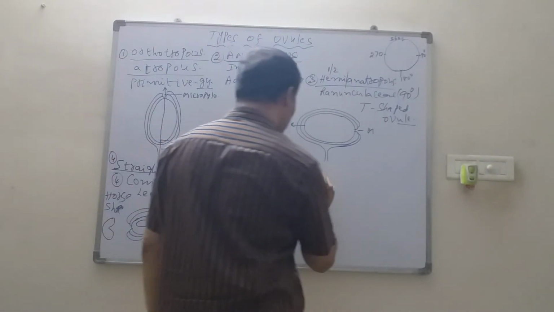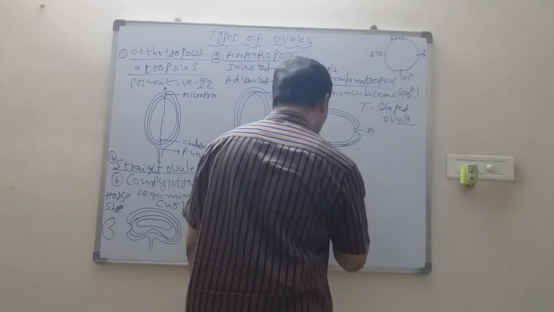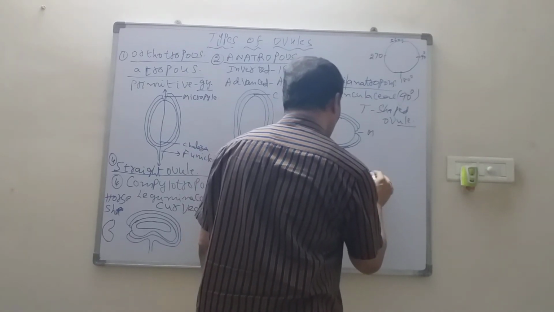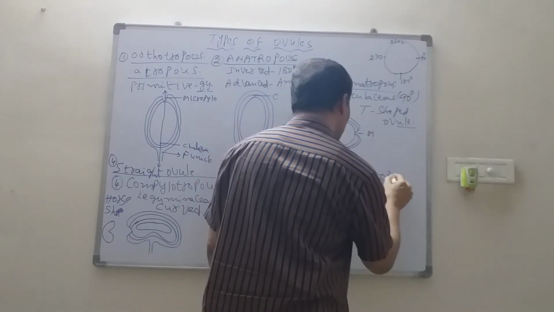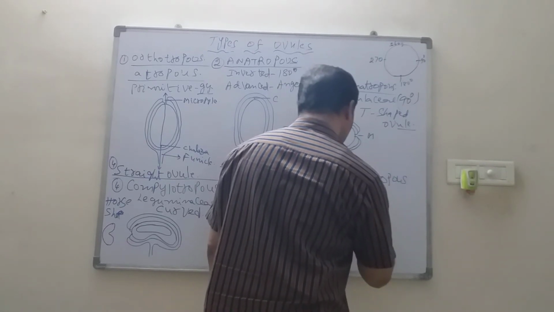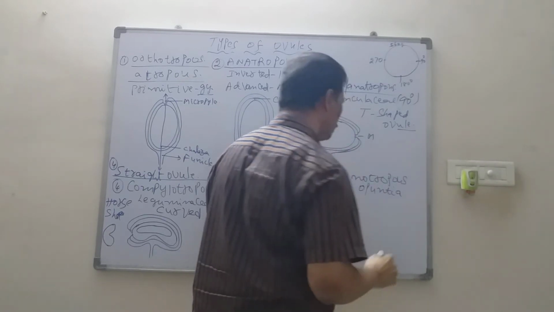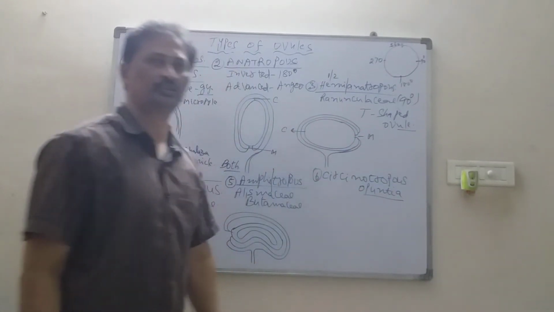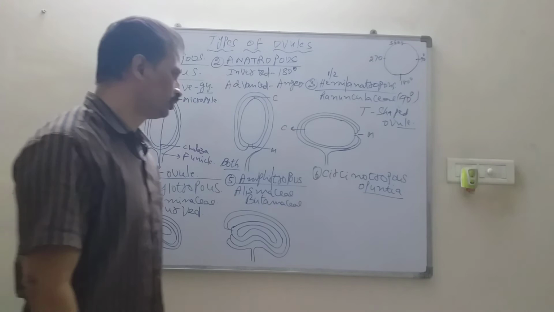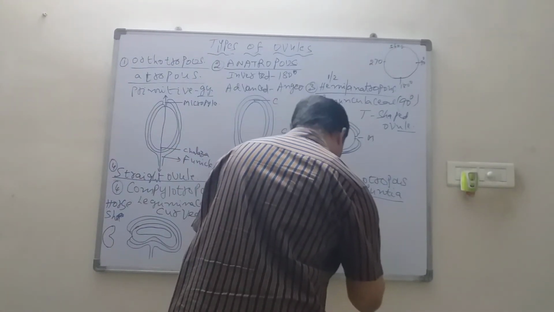And the last type is called Circinotropous. That is called Circinotropous ovules. This is generally found in a desert plant called Opuntia. That is called Opuntia. So what is the meaning of this Circinotropous ovule?